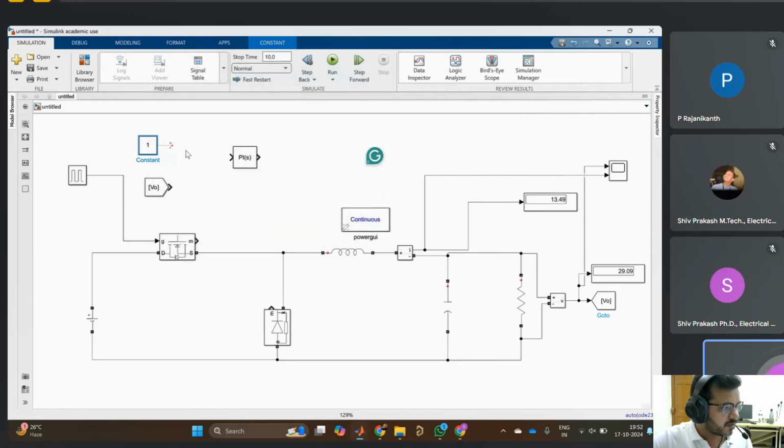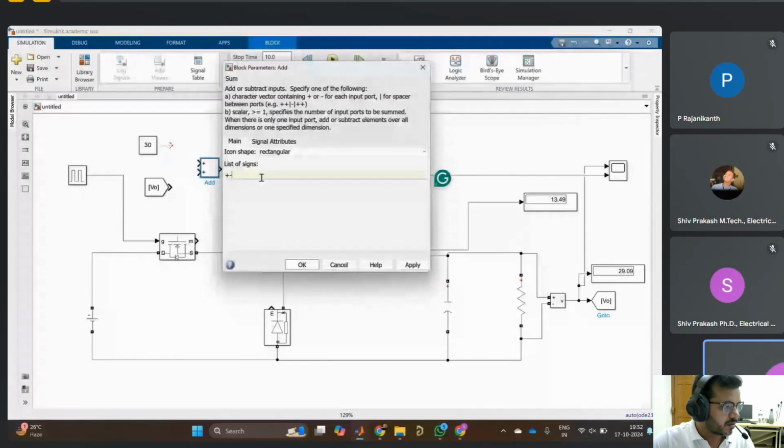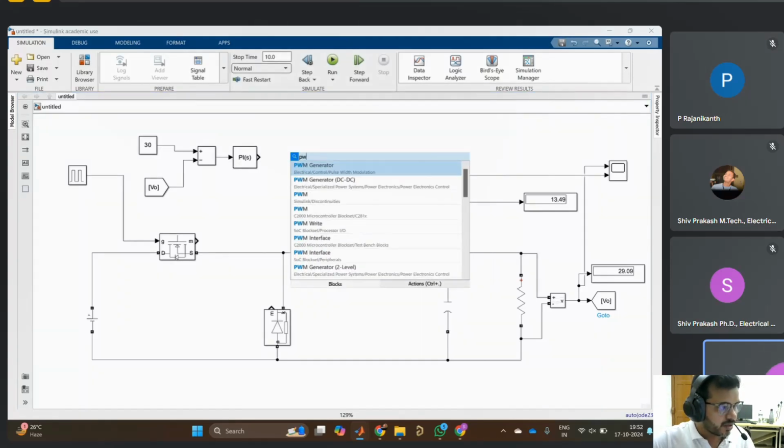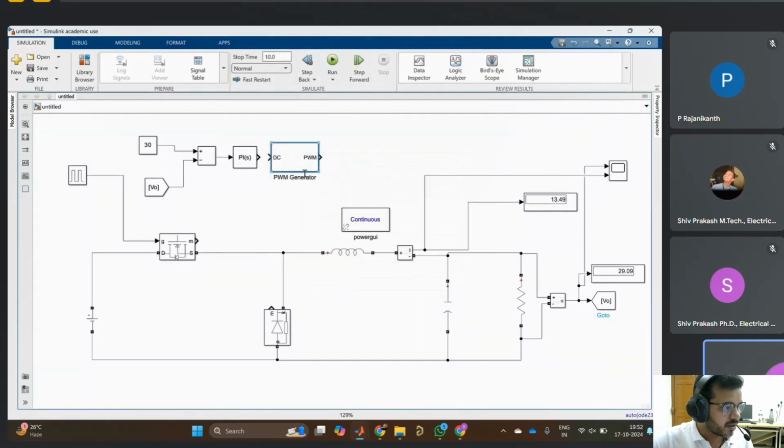Then compare this with the error signal. This will give the error signal, to minimize the error to 0, and give the duty cycle. Then you have to take the duty cycle from here.